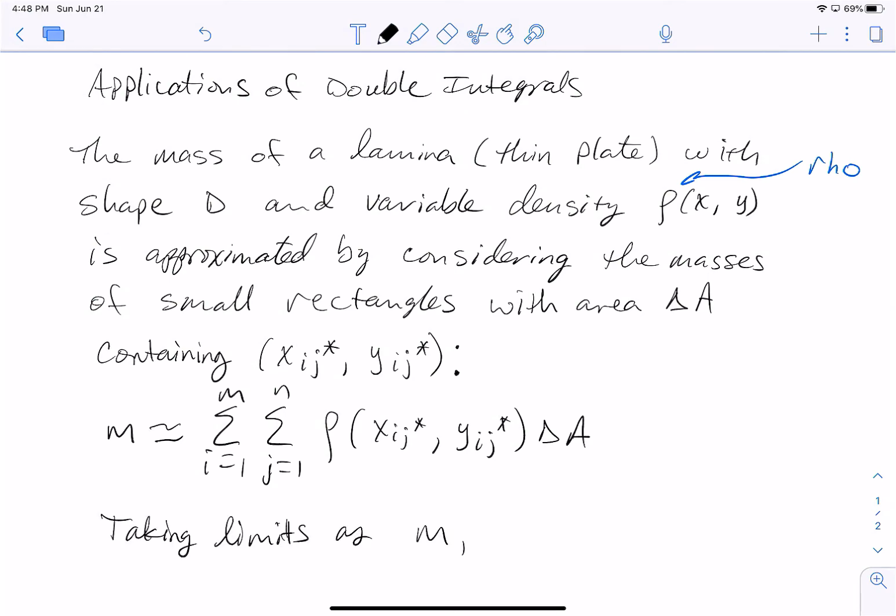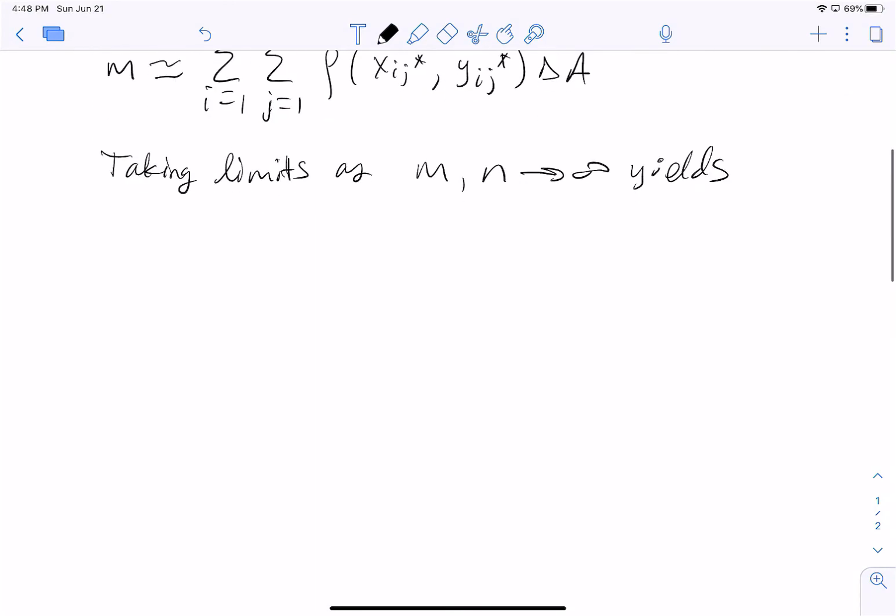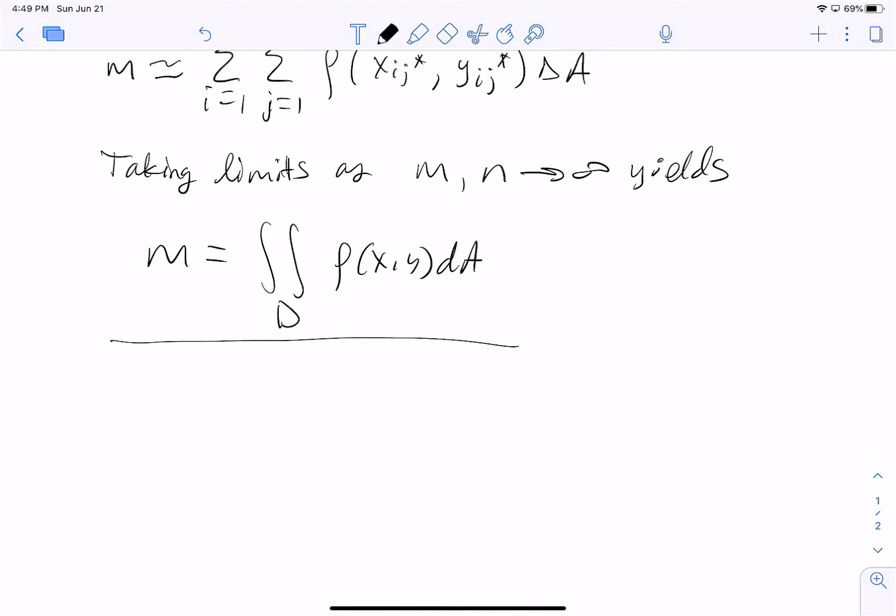Taking limits as m and n go to infinity yields that the mass is equal to the double integral over the region D of rho of x y dA. Now folks, this double integral is not any different than a double integral that you saw in a previous section.